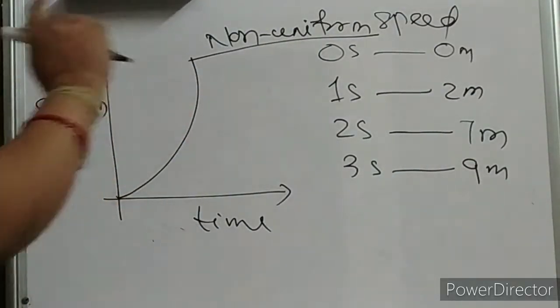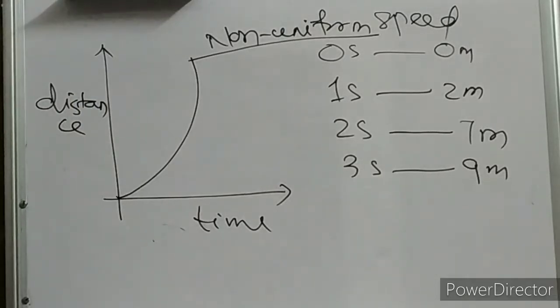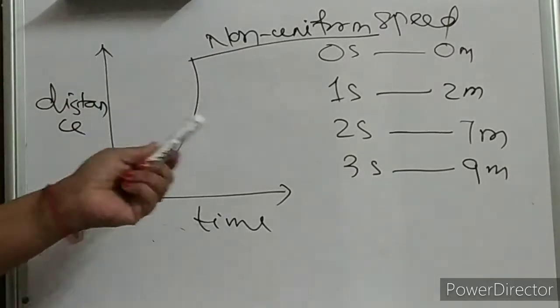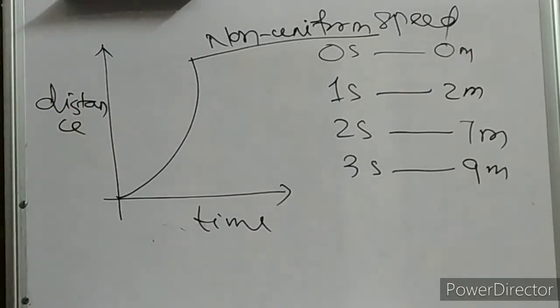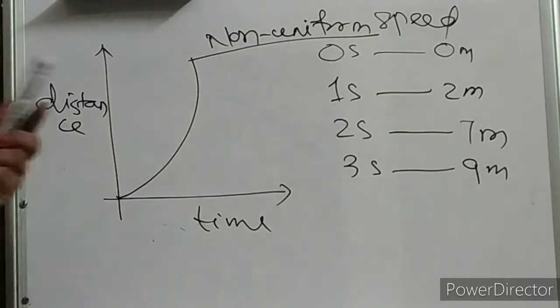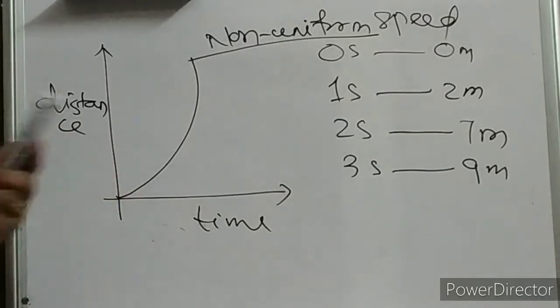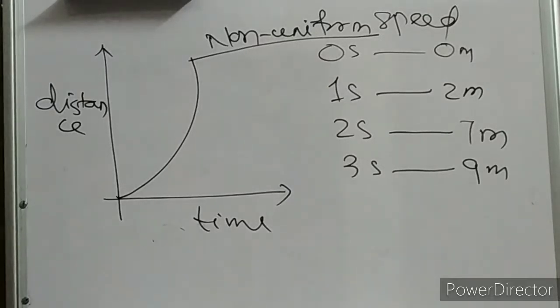This shape of graph is actually called a parabola. Is it clear, children? So when a displacement time graph is drawn, we are actually representing the velocity. When the displacement time graph is a straight line, we are talking about uniform velocity of the body. And from a displacement time graph or distance time graph, we can calculate the velocity or speed. Hope I am clear with this.